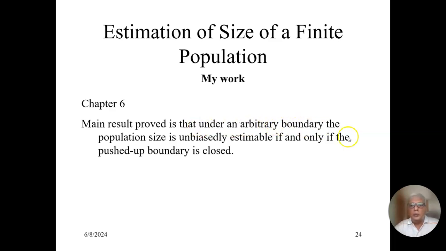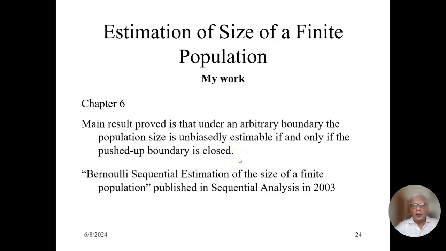Under an arbitrary boundary, the population size is unbiasedly estimable if and only if the pushed-up boundary is closed. So if the pushed-up boundary is closed, we get an unbiased estimate of capital N. And the result came out in 2003 in the paper in Sequential Analysis, from Florida, Bernoulli Sequential Estimation of Size of a Finite Population. So that completes my part 2.